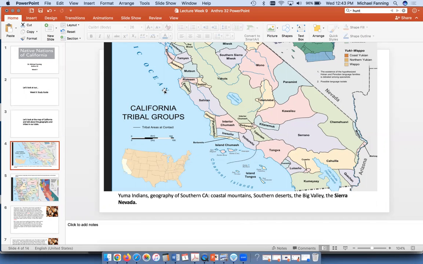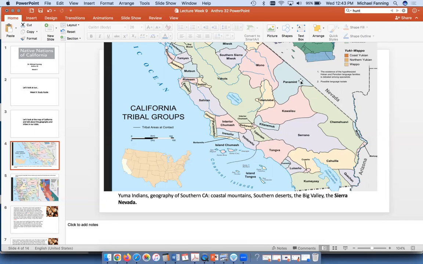And we'll talk about the geography briefly. So here we have the coastline with the Pacific Ocean. There's various islands. And as you probably know, if you go inland just a little bit from San Diego and all the way up, except not so much when you're near LA, Long Beach, there are mountains. It's the coastal range. And when you get above Long Beach, the coastal range continues all the way up to Oregon.